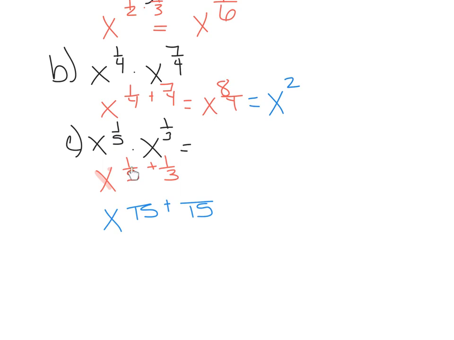To change denominators, you multiply. 5 times 3 makes 15, so we're going to do 1 times 3, giving us 3 on the top. 3 times 5 makes 15, so we're going to do 1 times 5 on the top, which gives us 5. And then we can add them. That gives us x to the 8/15.